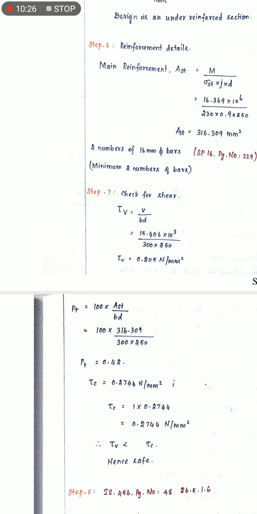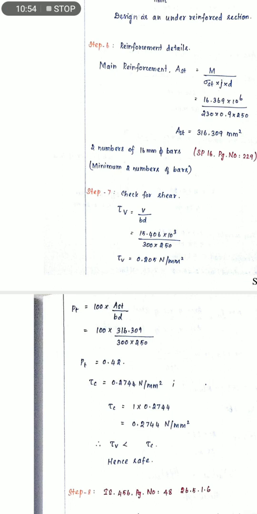Then check for shear. We have to check shear and deflection for a flexural member like a beam. Shear means shear force. The beam fails based on vertical forces like shear force.